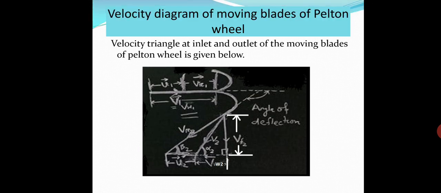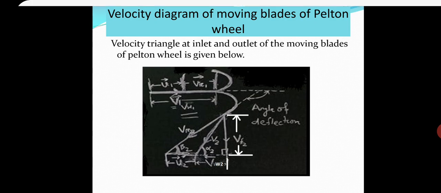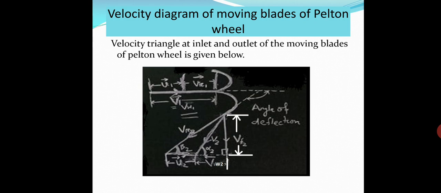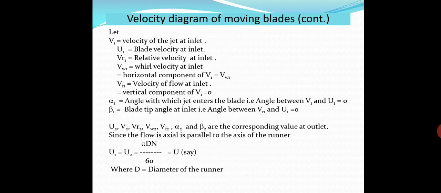You can see the VW1 arrow is towards the positive x-axis, whereas VW2 is towards the negative x-axis.